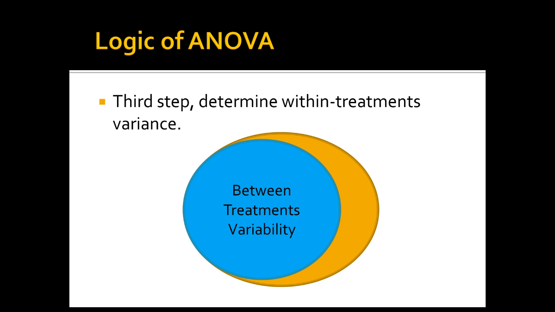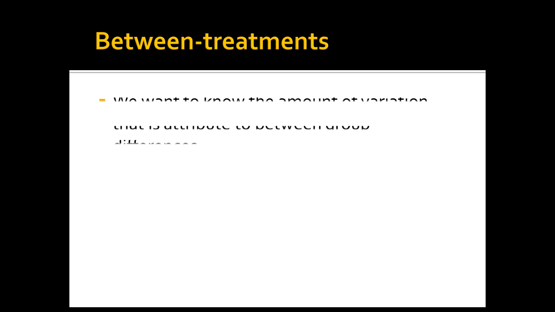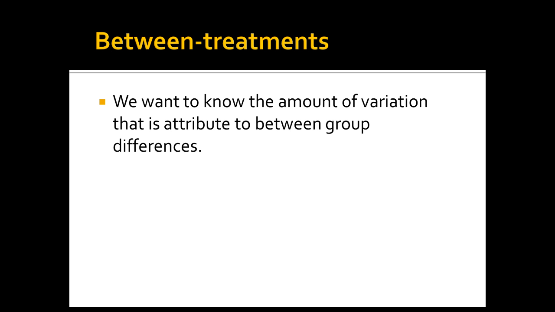And the third step is to look at the within treatments variance. This is the remaining part that remains after partialing out the between treatments variability. We want to know the amount of variation that is attributable to group differences, or between group differences, because that's what we're interested in as researchers. We want to know how much of the differences in academic achievement or coping styles is a function of whatever independent variable.